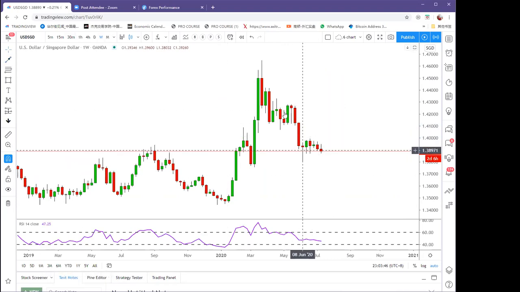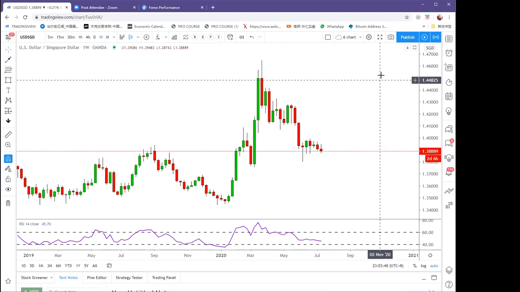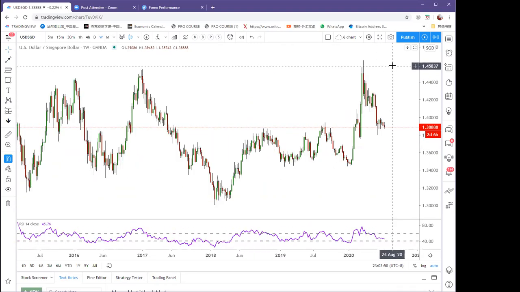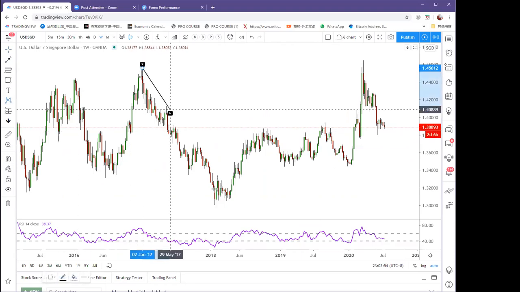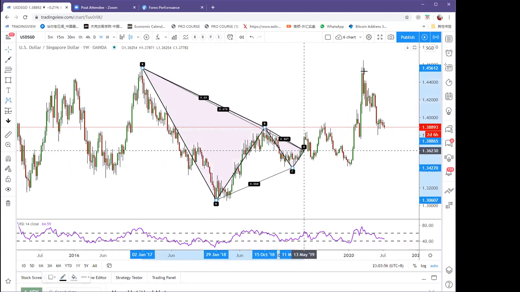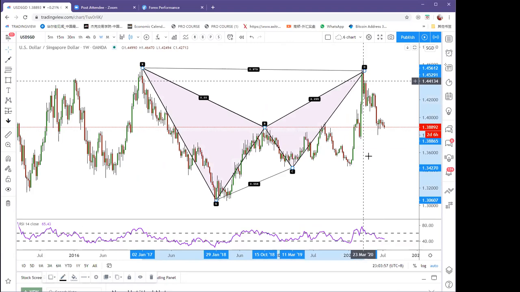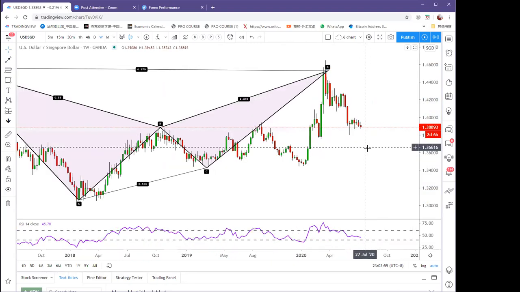So this is also a bearish move. 1.46 is the highest place for the dollar Sing, followed by your harmonic patterns, which tell you that it's going to reverse. So all these pieces put together good information that the dollar is going to be weak.